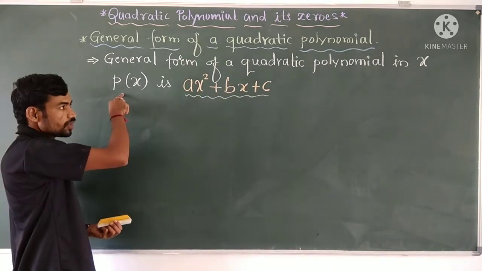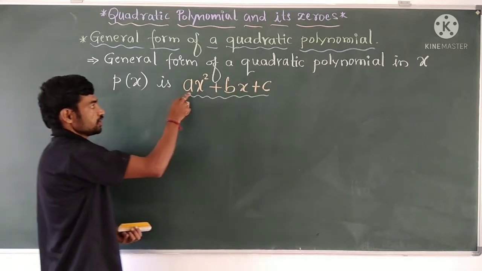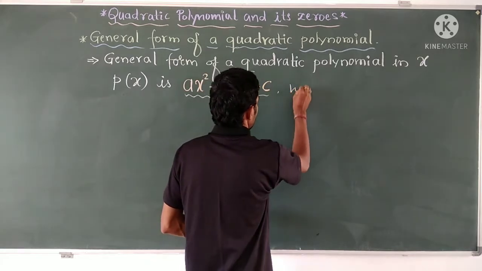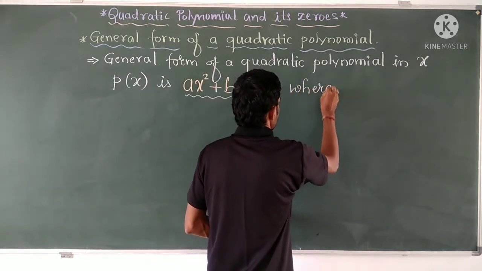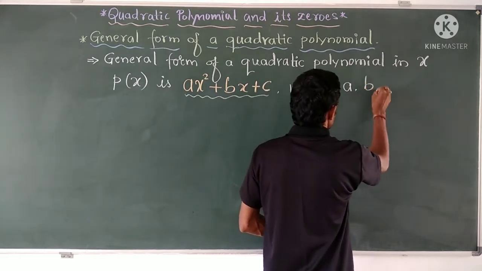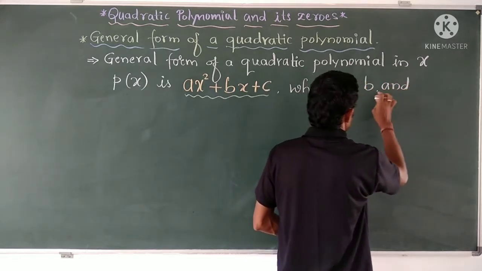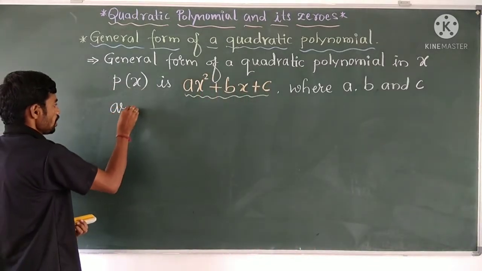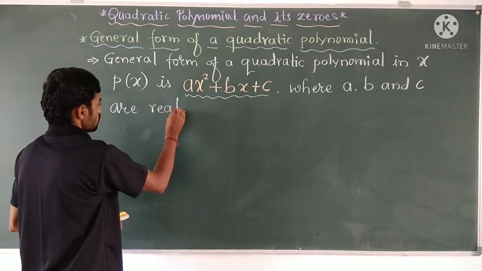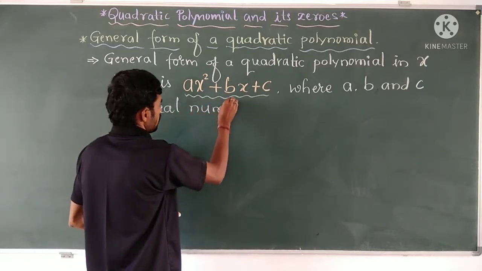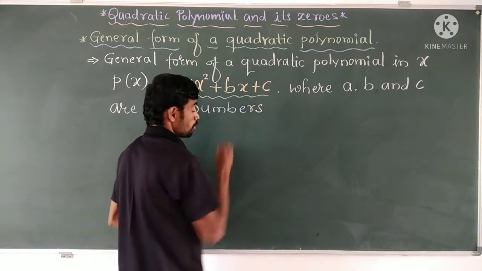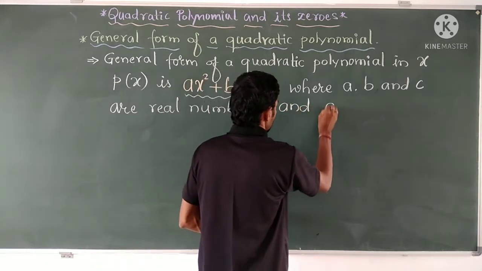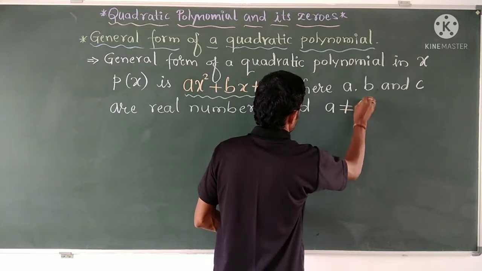That is, p(x) = ax^2 + bx + c, where a, b and c are real numbers, and the most important thing is that a should not be equal to 0.